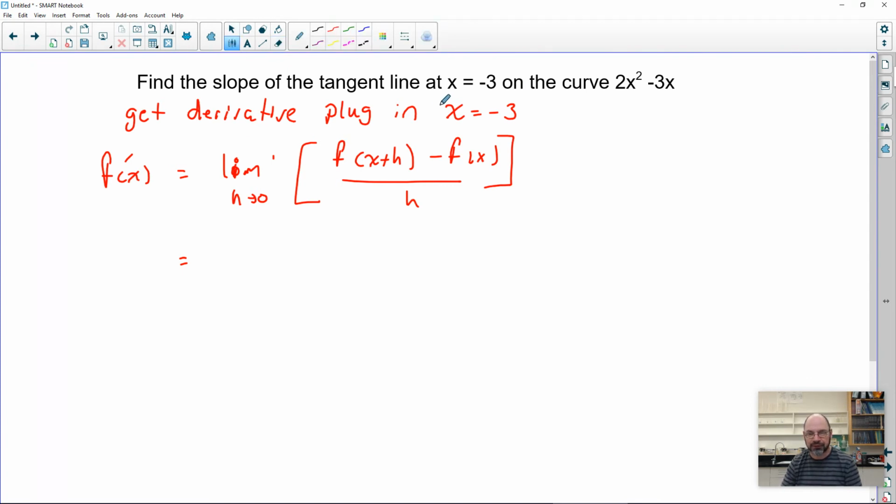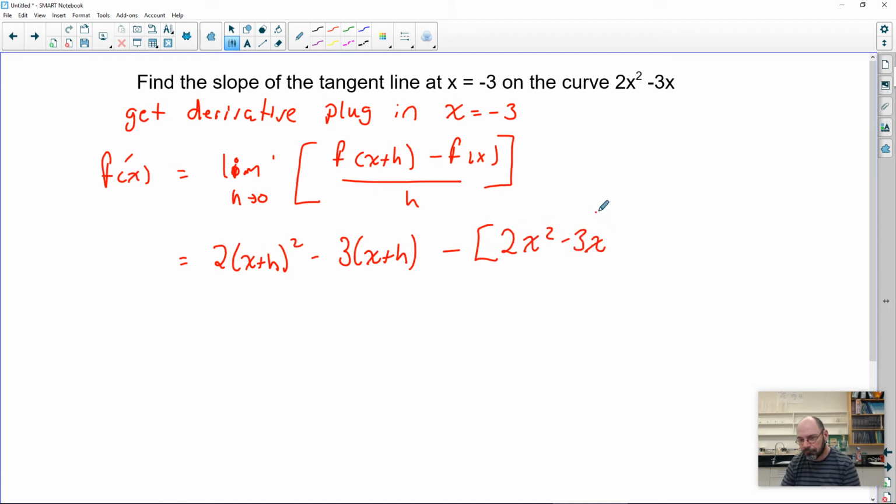So the equation is 2x squared, so we've got to go 2 times (x plus h) squared minus 3 times (x plus h), subtracting the whole 2x squared minus 3x, over h. Now, I am taking the limit of this. I forgot to put that in there. We should keep that in there.